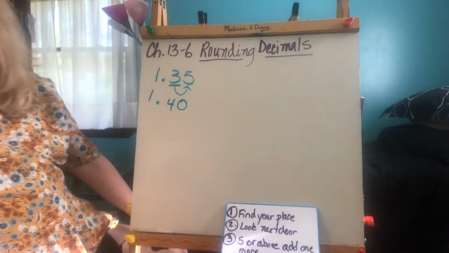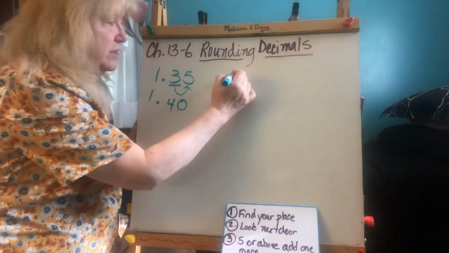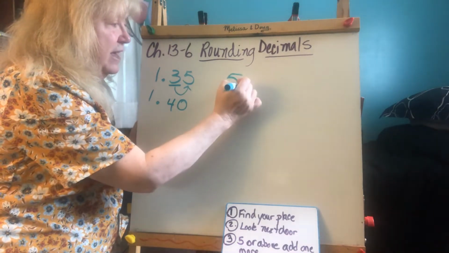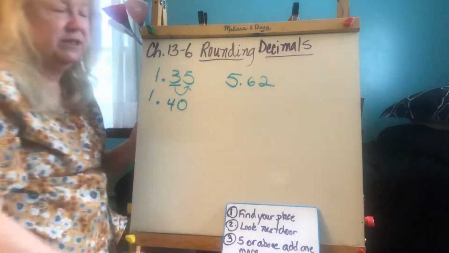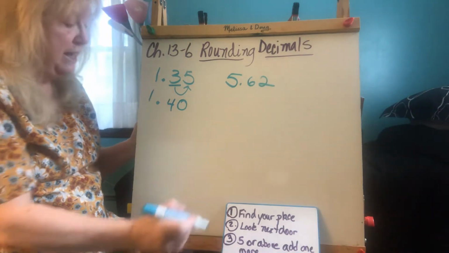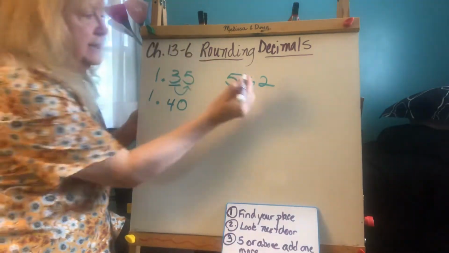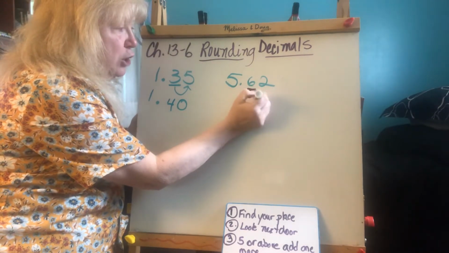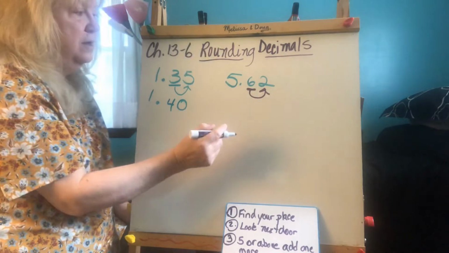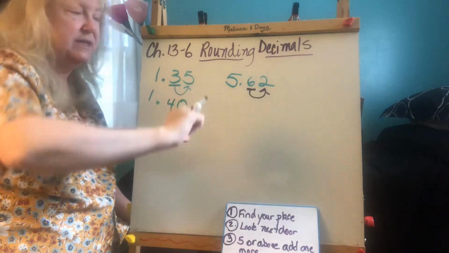Okay, what if we were given 5 and 62 hundredths? 5 and 62 hundredths, rounding to the nearest tenth. So find your place. I'm going to change colors. Find your place. Look next door. 5 and above, add 1 more. 4 and below stays the same.